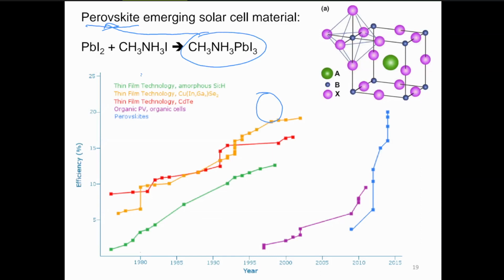So here is the structure of perovskite. Here you have iodide, and here you have lead, and here you have ammonium, the big one. This compound is a semiconductor, and it is very efficient to make solar cells.